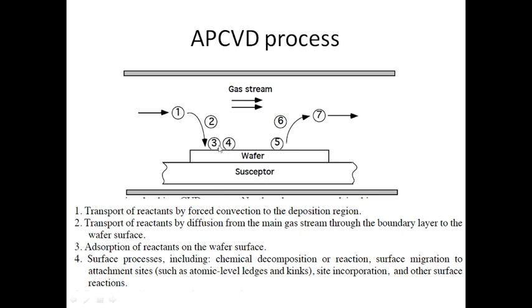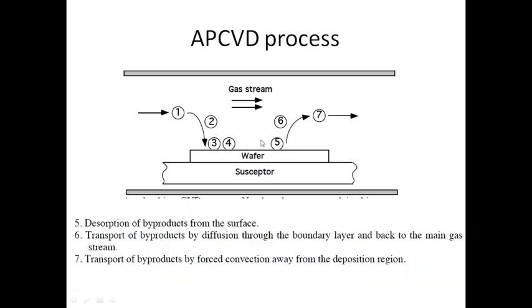They'll be settling on the wafer, and this will end up with deposition of whatever material you want to deposit. Now it will be deposited over here on the wafer. Once they are deposited, you can see you have lots of material being deposited.